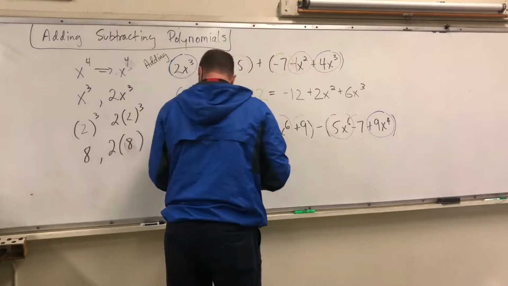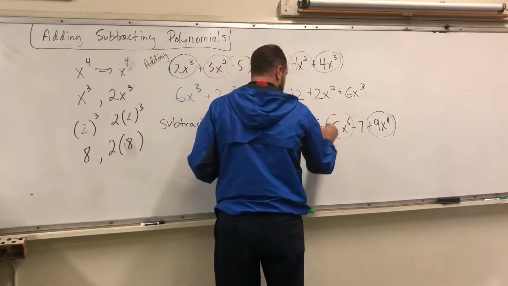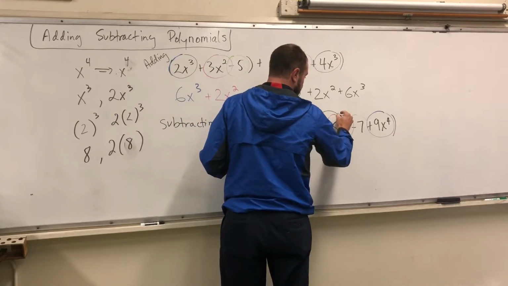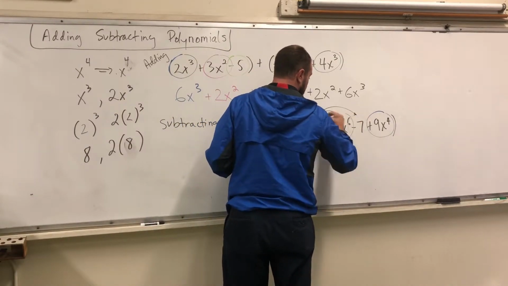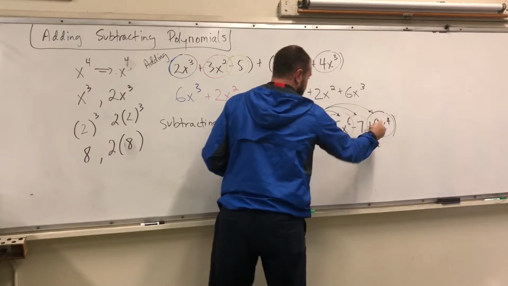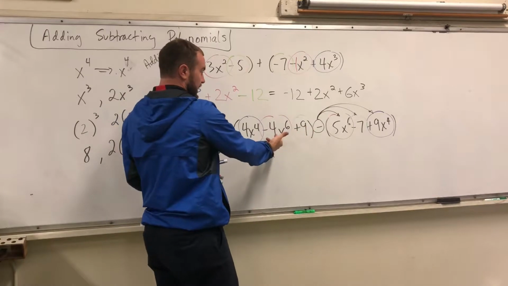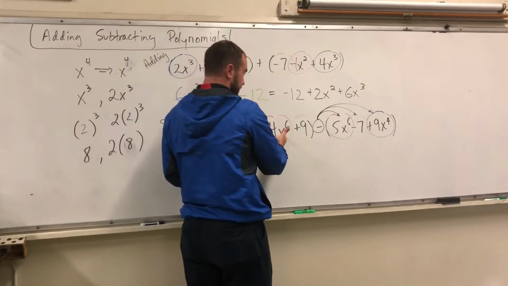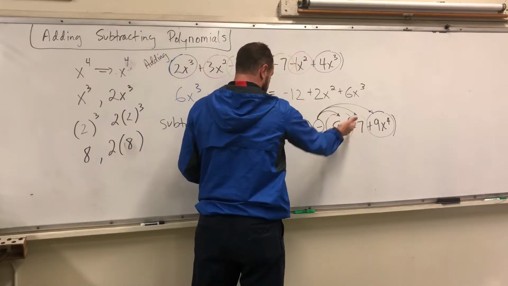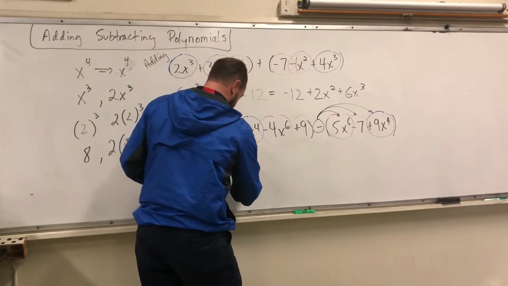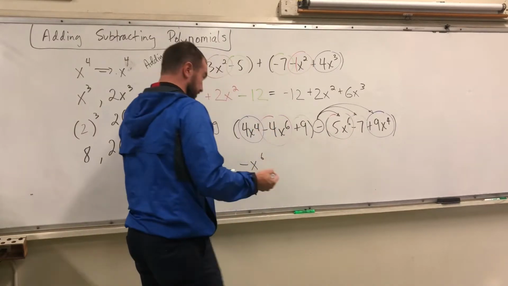The idea is that you are essentially distributing this negative sign to each of these terms, and you're subtracting it from each of these terms. So you can just look at, okay, negative 4x to the 6th minus 5x to the 6th would be negative 9x to the 6th, if you feel comfortable doing that.